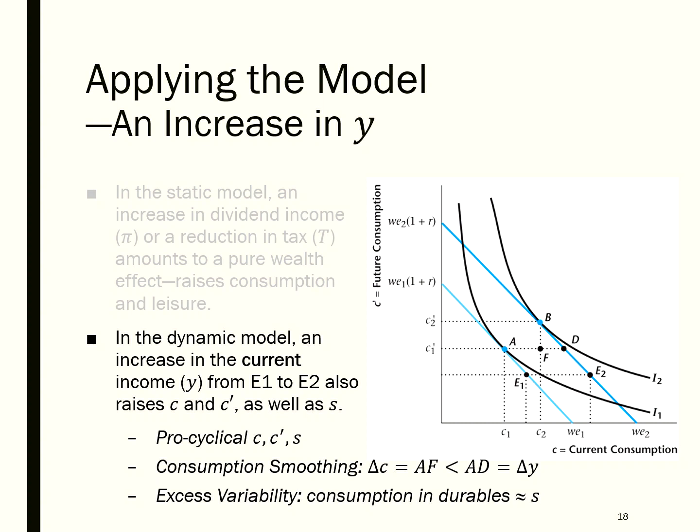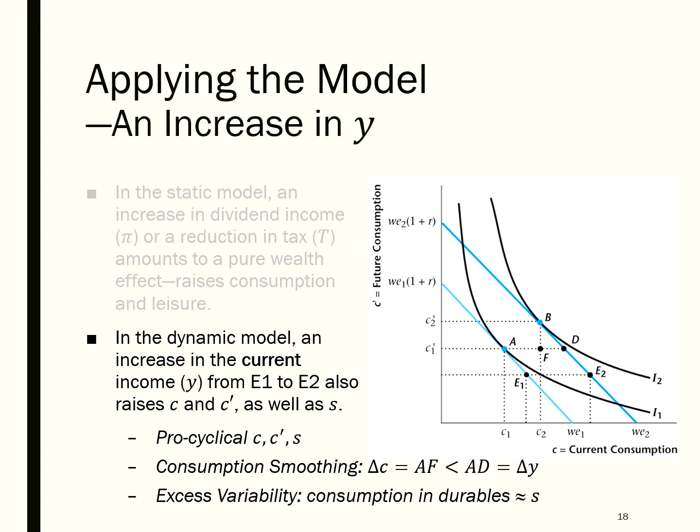It is a horizontal shift because Y prime doesn't change and the slope 1 plus R doesn't change either. The optimal choice shifts from point A to point B. The resulting current consumption rises from C1 to C2, and the future consumption rises from C1 prime to C2 prime, indicating a procyclicality of consumption.